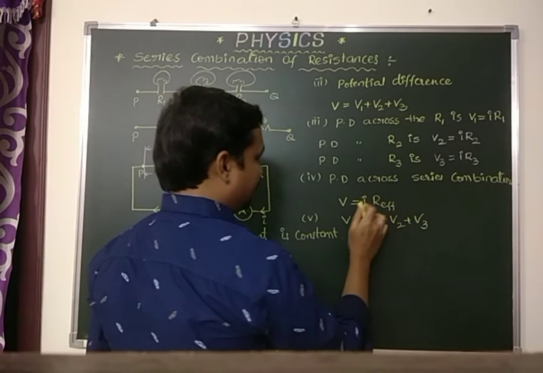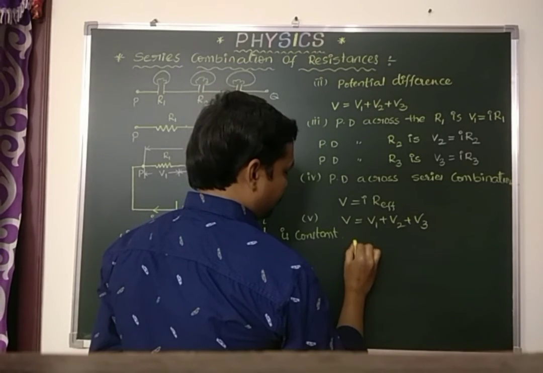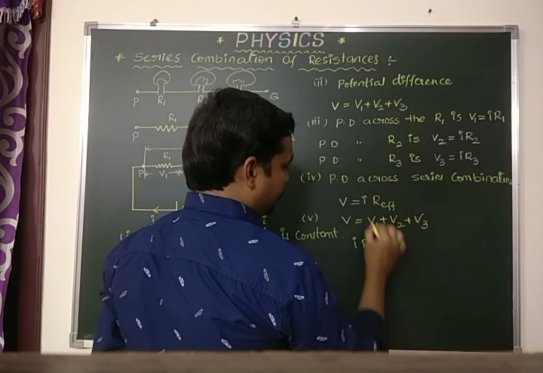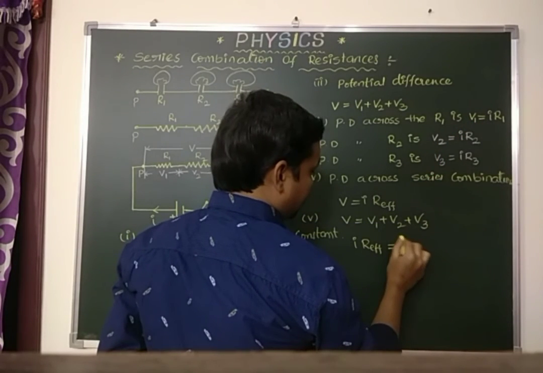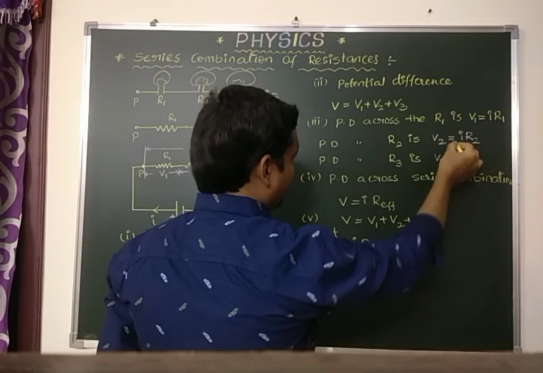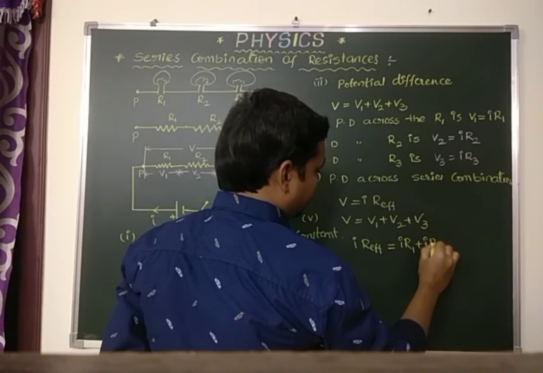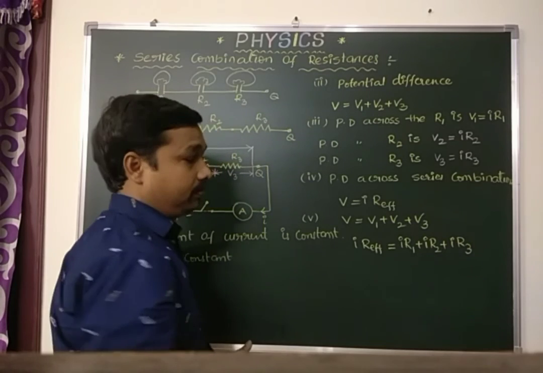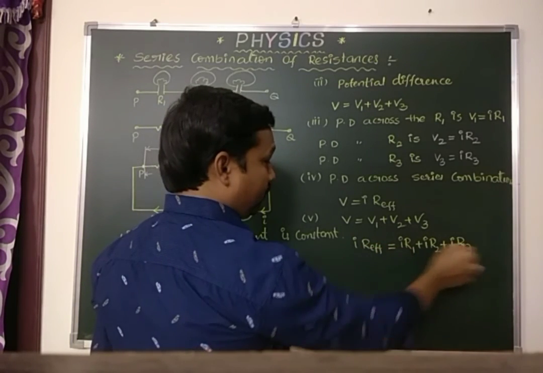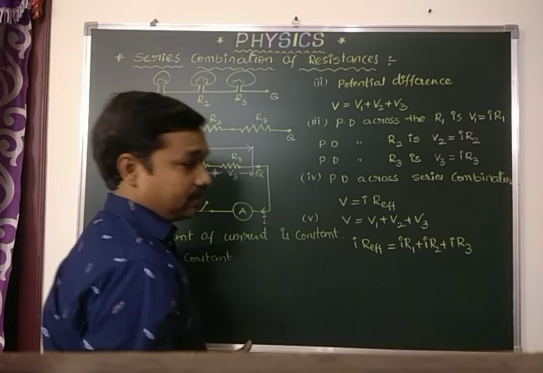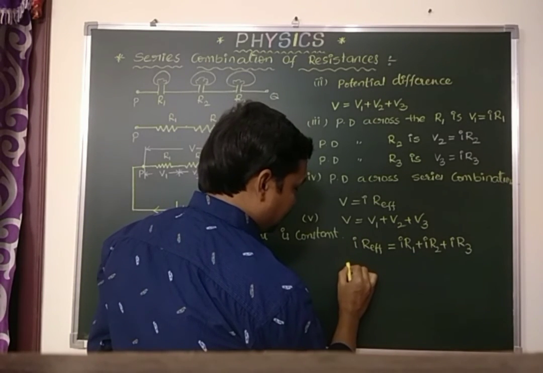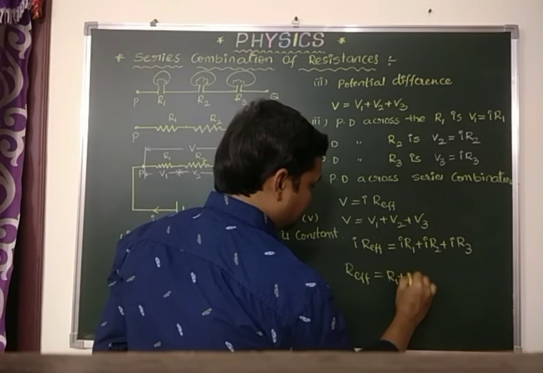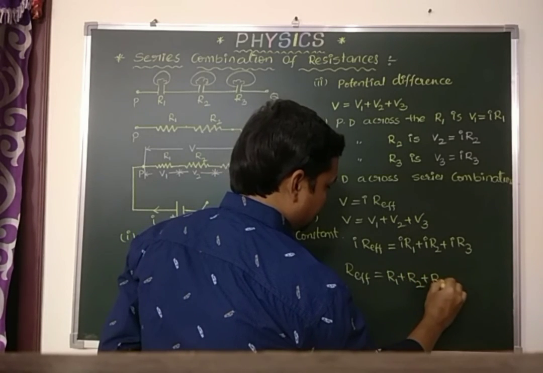Substituting, V is equal to I R effective, so I R effective equals I R1 plus I R2 plus I R3. Here I is common and remains the same on both sides, so it gets cancelled. Directly you can write R effective equals R1 plus R2 plus R3.